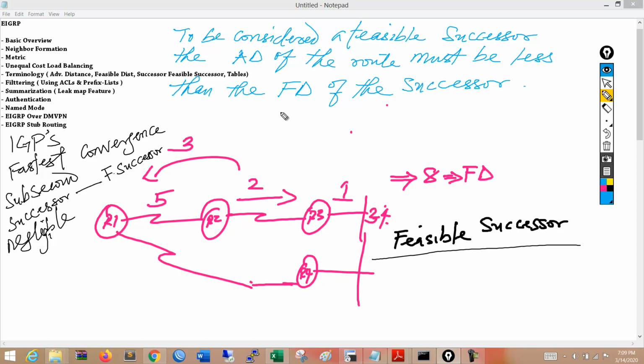What this is saying is that for me to consider a route a feasible successor, that route's metric, so let's say in this case we have 5, 2, 1 and 8.